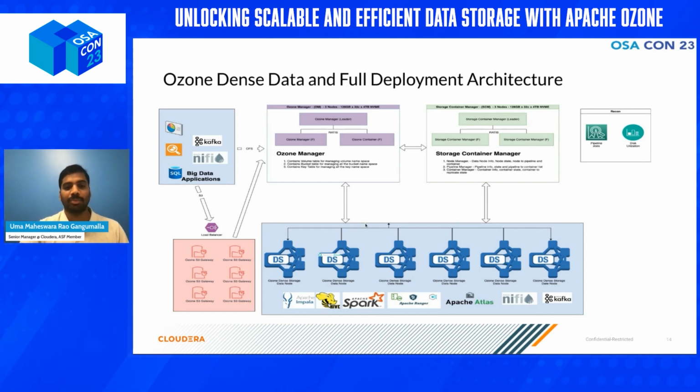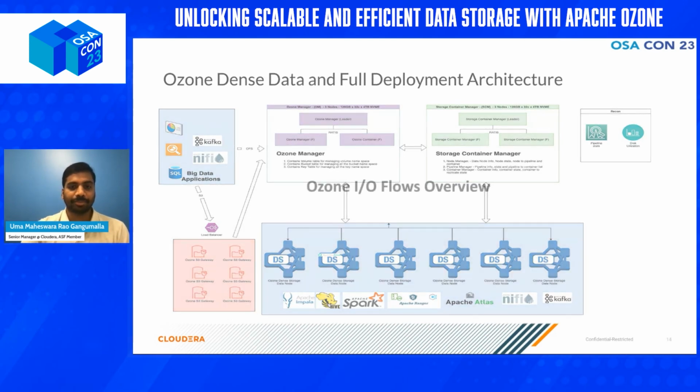The reporting payload is much less, because it just sends the container reports. That way it opens up the ability to add more storage and store more blocks in each individual data node. We tested up to 400 terabytes of capacity. This is one of the key differentiators compared to any other storage today.